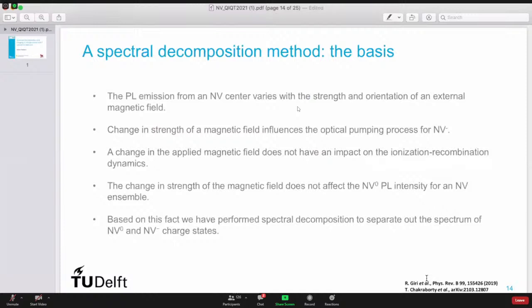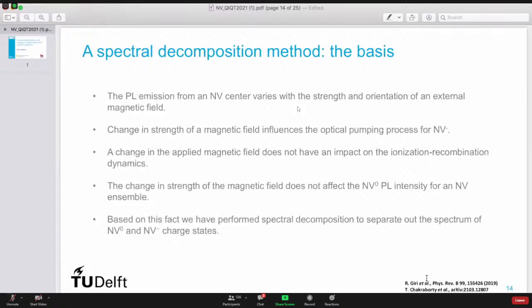Now, if we consider the individual NV minus system, then at zero magnetic field under optical excitation, the system is initialized to the MS equals 0 state. When we apply a magnetic field, there is a redistribution of population into the other levels, the MS equals plus and minus 1 levels, due to the change in the optical pumping process.